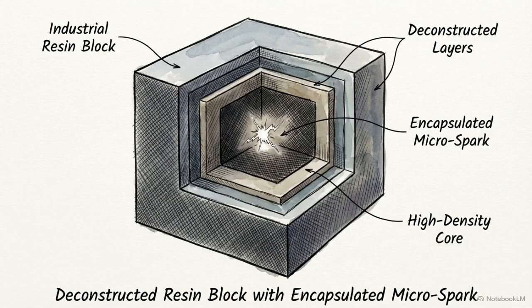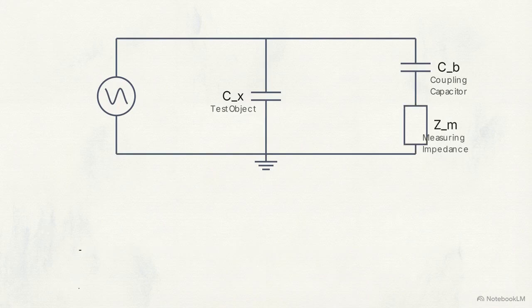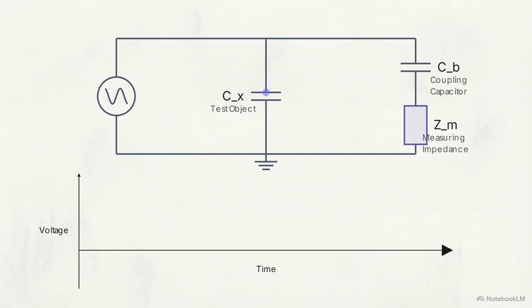Because this tiny capacitor is permanently sealed inside layers of solid insulation, the actual electrical charge transferred during the spark cannot be measured directly. The IEC 60270 standard defines a circuit measuring apparent charge. When the void collapses, the test object's voltage drops.